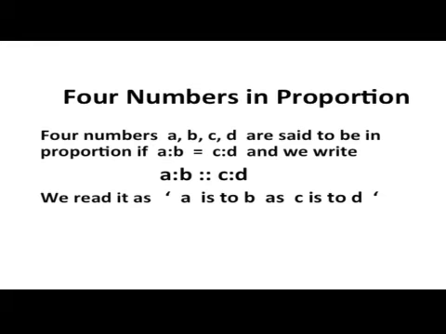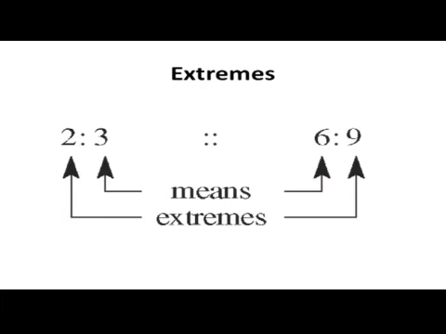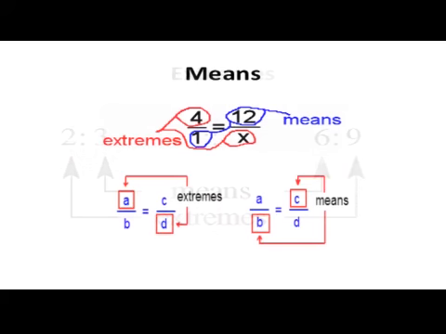We read it as A is to B as C is to D. Here A, B, C, D are respectively known as first, second, third and fourth term of the given proportion. The first and the fourth term are called the extreme terms or extremes. The second and the third term are called the middle terms or means.